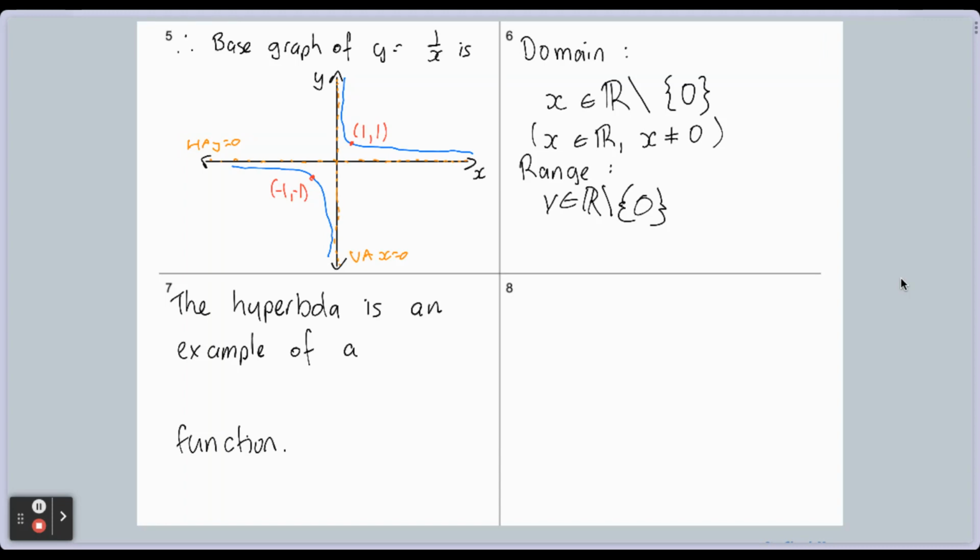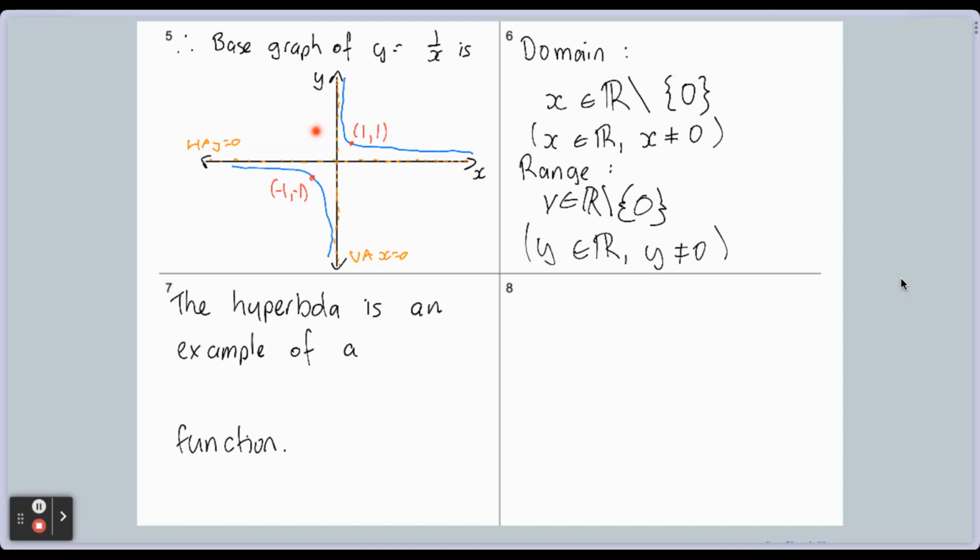Again, very similar. I would accept y is a member of the real set, y not equal to 0. Okay, so in 415 we do try to formalise a bit more than we do in 315. In level 4 we try to formalise more than level 3. So that's basically it, and I hope that makes sense to you as well.